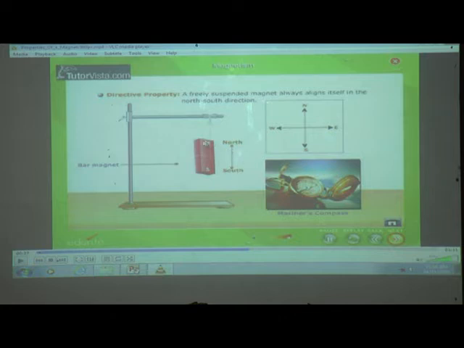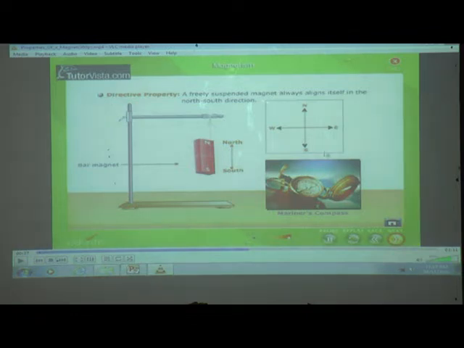It means the north pole of this bar magnet will turn to the north direction, and the south pole is going to be in the south direction. Okay, so this is the directive property, and this directive property is used in a compass.